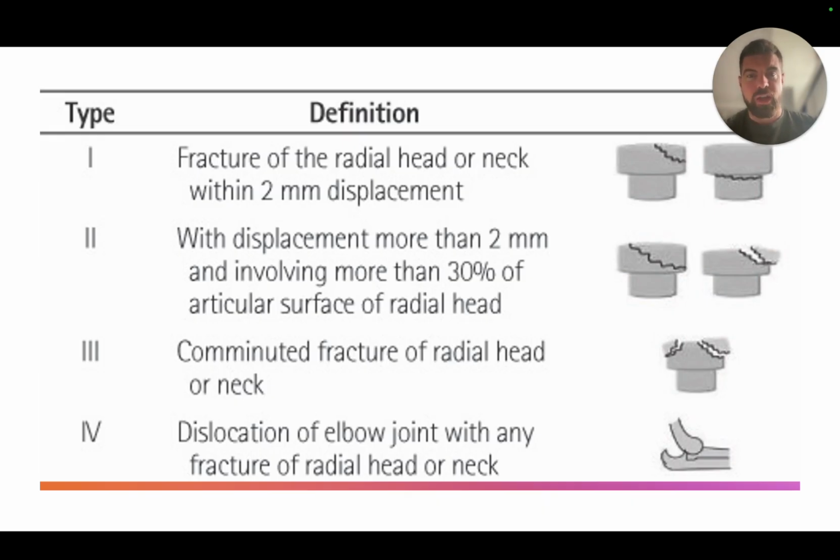It's just often forgotten. The Mason classification of the radial head injuries has 1, 2, and 3. It does not have number 4. This number 4 was added in by Johnson, and this is a separate thing. And it actually has appeared in some journals where they have said that the Mason 4 exists, and it doesn't. That is not correct.